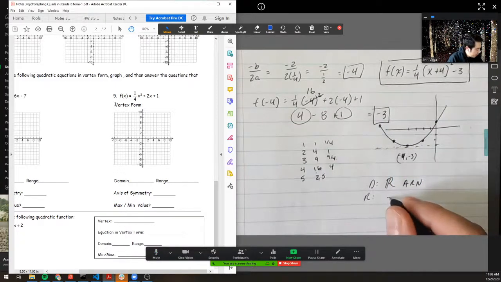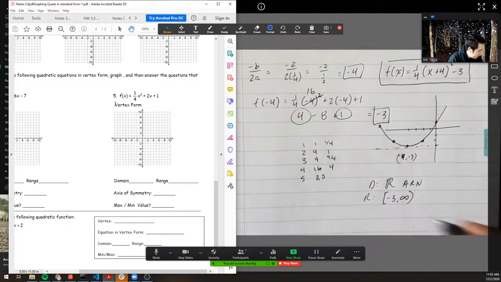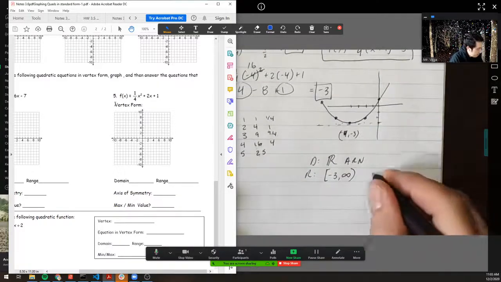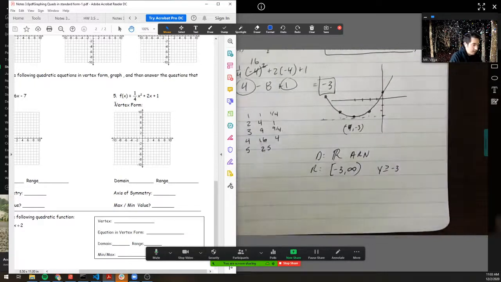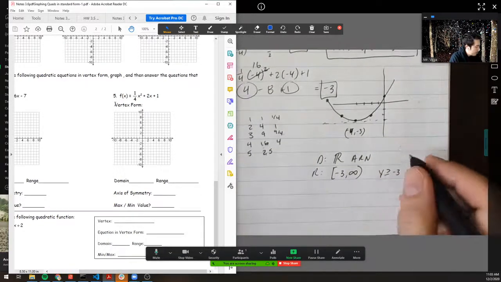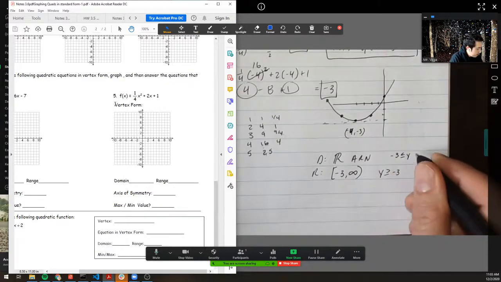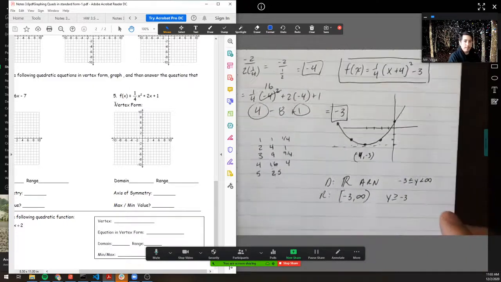So you can say -3 to infinity, and you're including -3, but you're not including infinity because you can't include infinity. Or you could write y is greater than or equal to -3. Or you could write -3 is less than or equal to y is less than positive infinity. Those are all the same way to write the range.